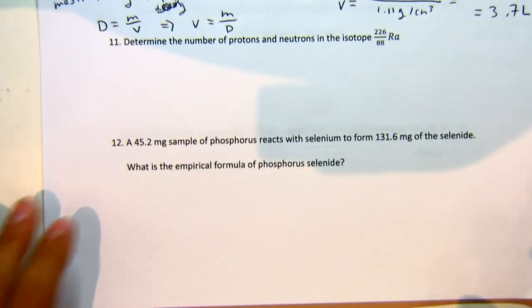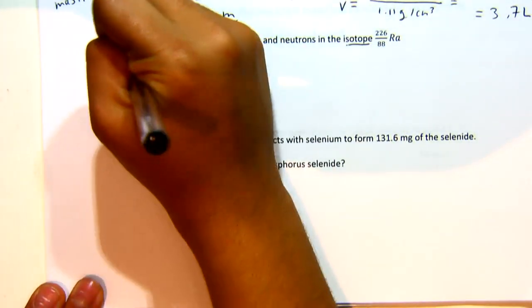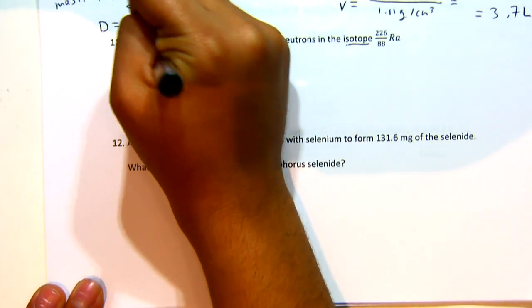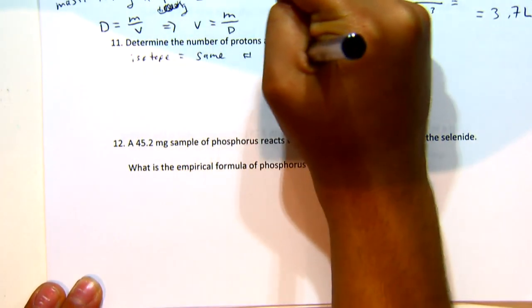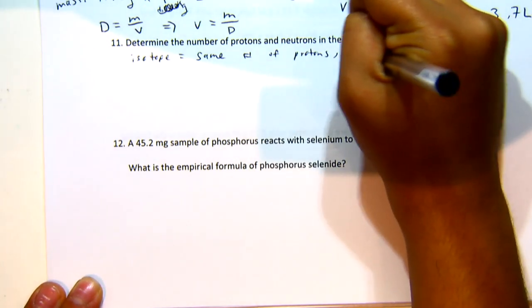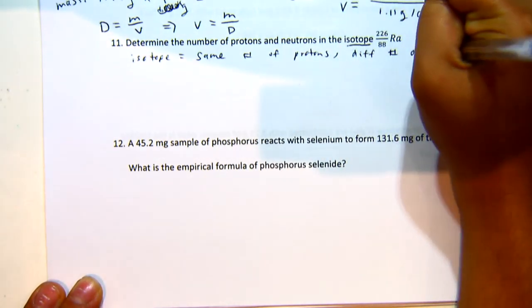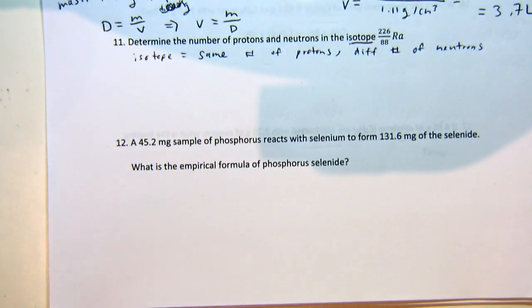Now, this is just an isotope, and remembering that an isotope is the same amount of protons but a different number of neutrons, as opposed to an ion, which is the same amount of protons but a different amount of electrons.